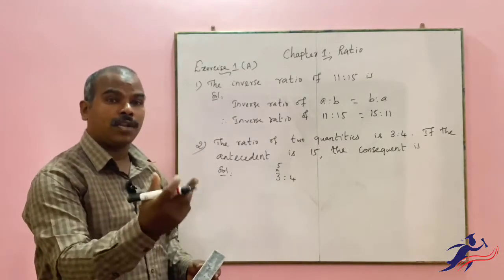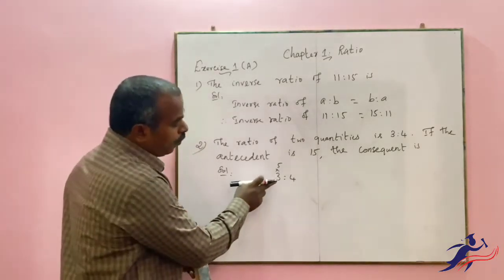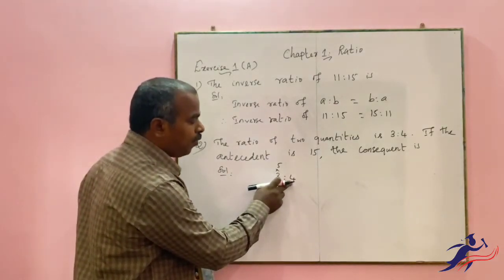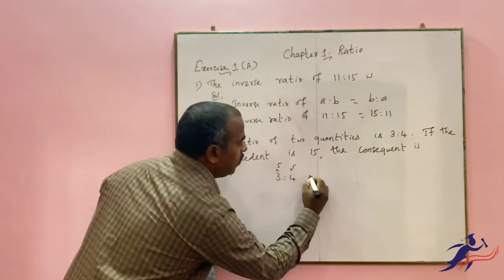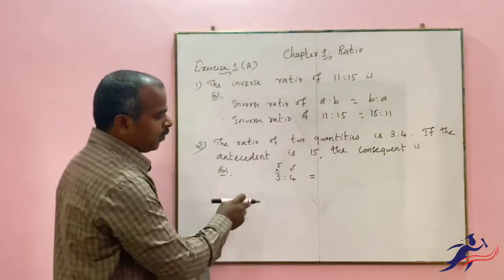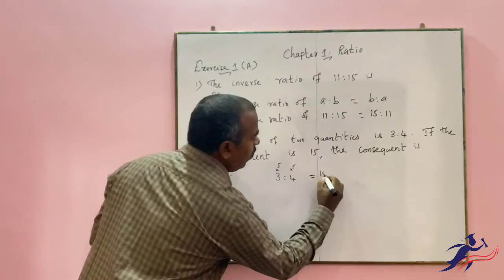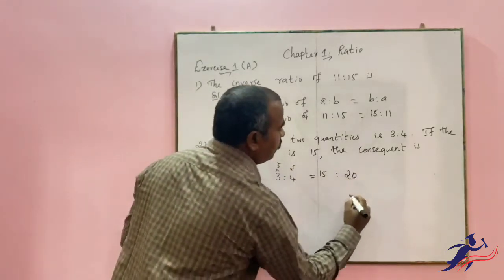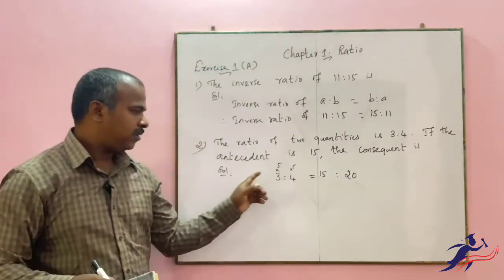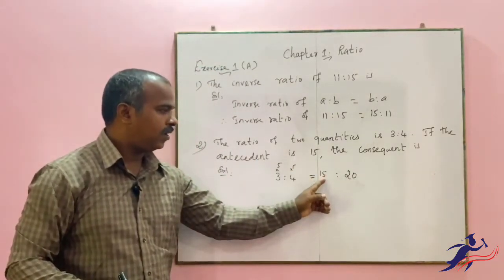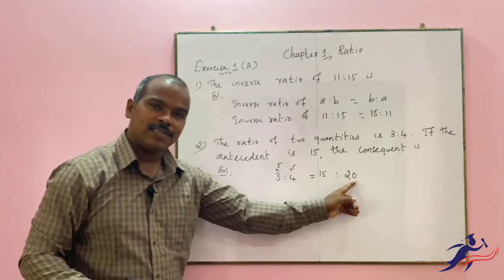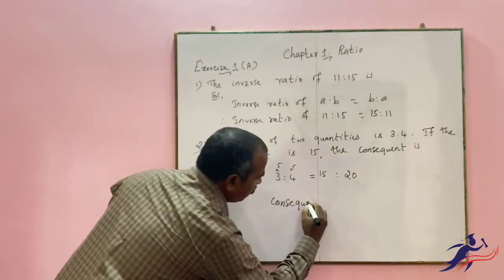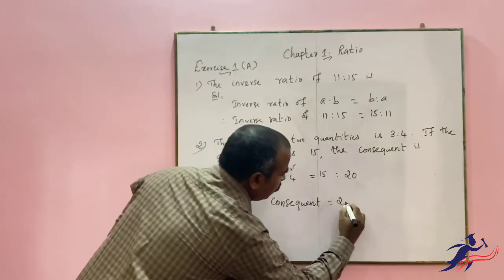That is, the value of the ratio does not change. So if you multiply 3 by 5, then you must multiply 4 also by 5. Then we get the ratio 3 5s are 15 is to 4 5s are 20. Now here you check, the antecedent is 15, therefore the consequent is 20. That is, consequent is equal to 20.